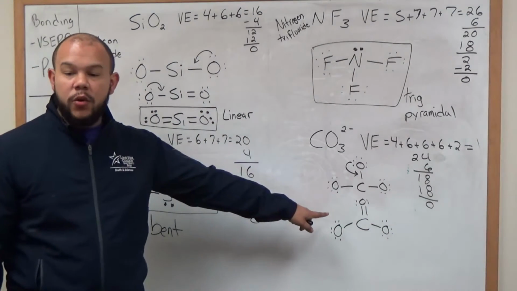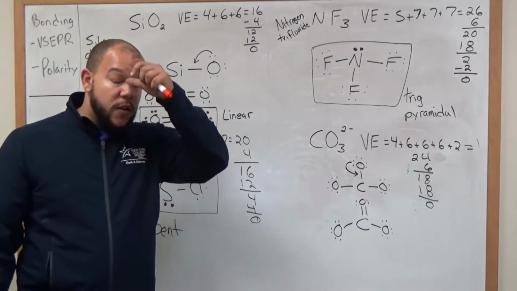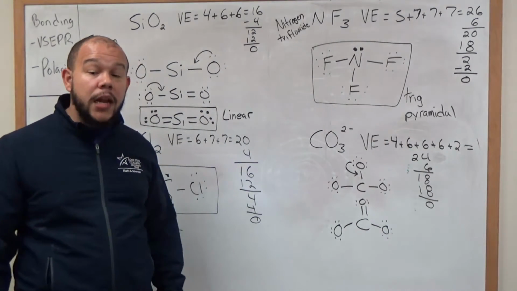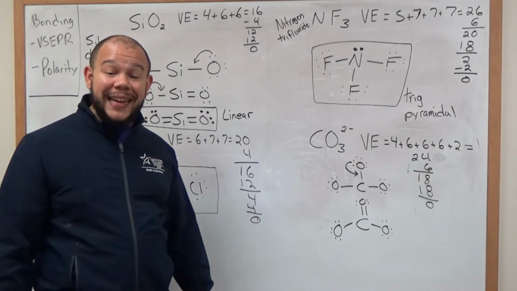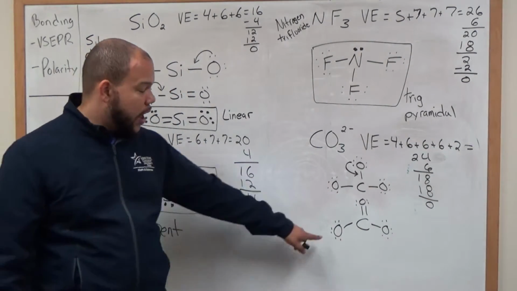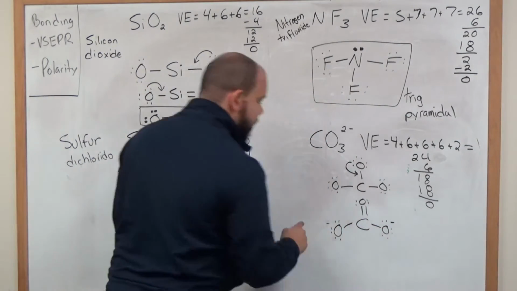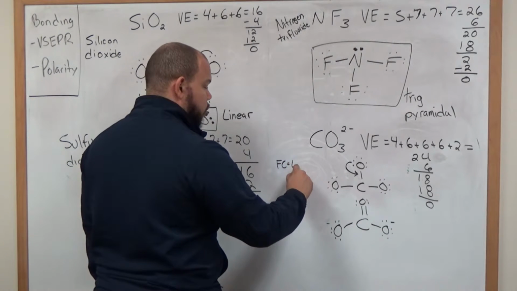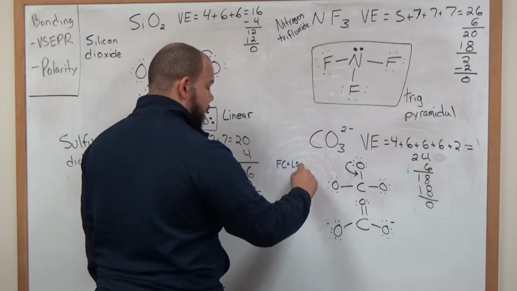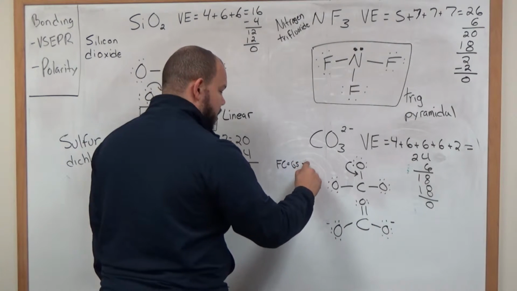Octet is fulfilled. Now, specifically because you have the charge, this is a polyatomic ion, you need to evaluate which one of your atoms, if any, have a formal charge, and oxygen has a formal charge on each of these. And again, that comes from, remember, formal charge is equal to ground state minus Lewis structure.